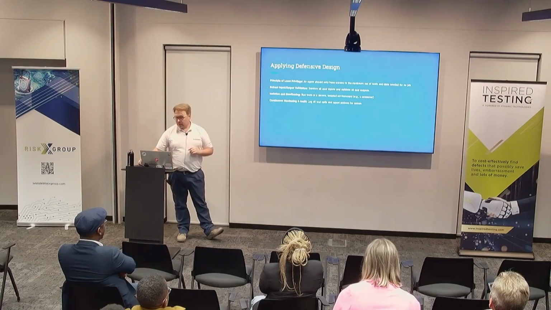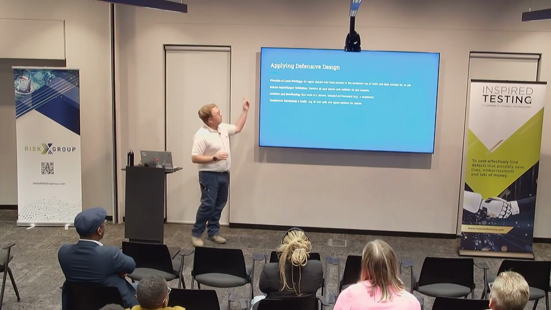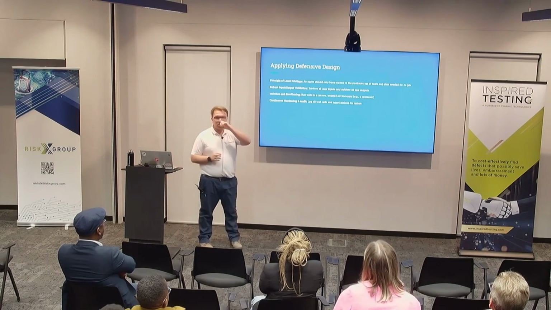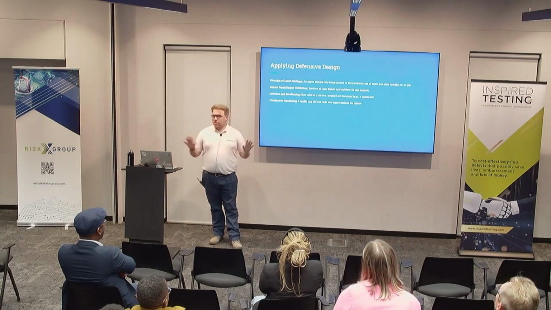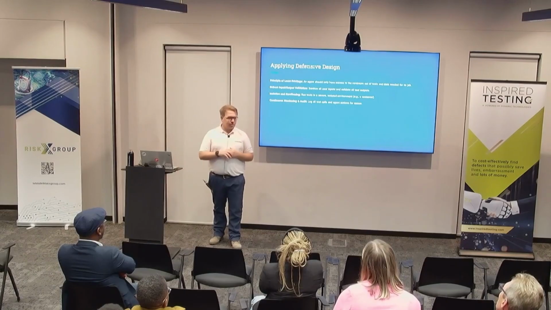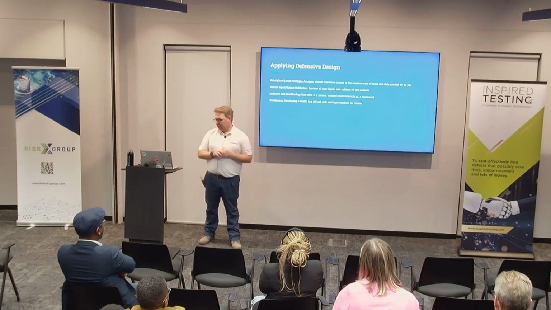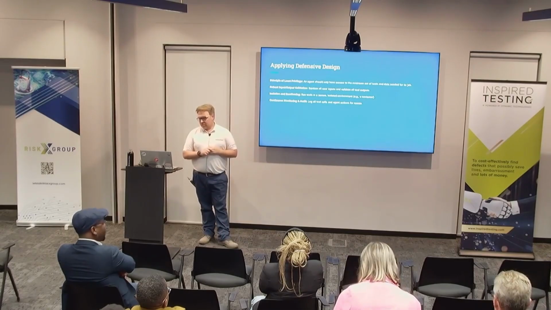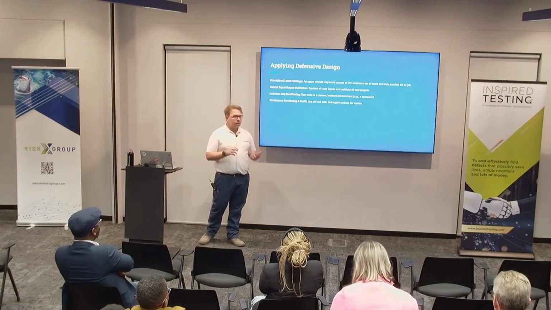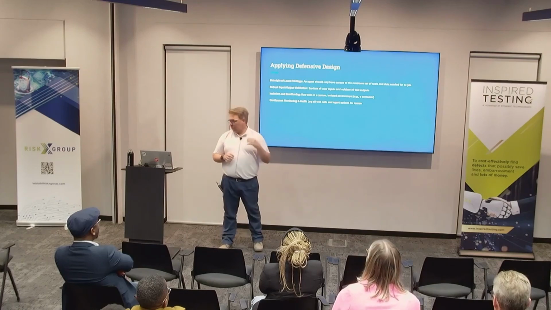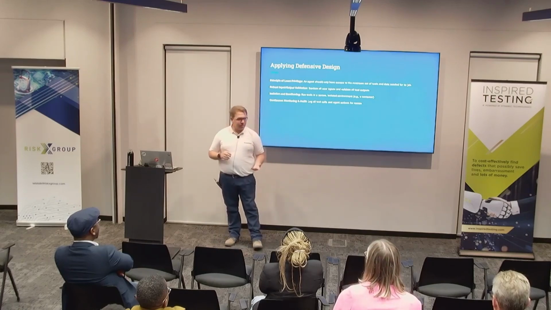The way we get around this is to apply defensive design, right? Never trust anything, ever. It's kind of like asking, would you trust these AI agents with your wallet or your partner?